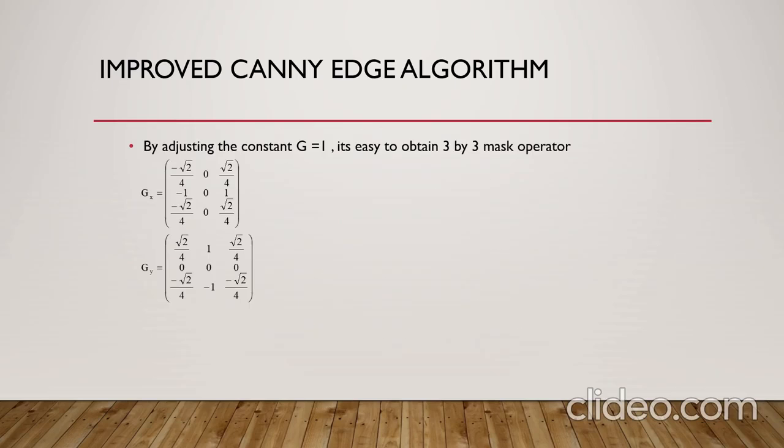The 3 by 3 mask operators for finding the image gradient using the gravitational field intensities are given as follows, if Gx is the gradient intensity in the x direction and Gy is in the y direction.